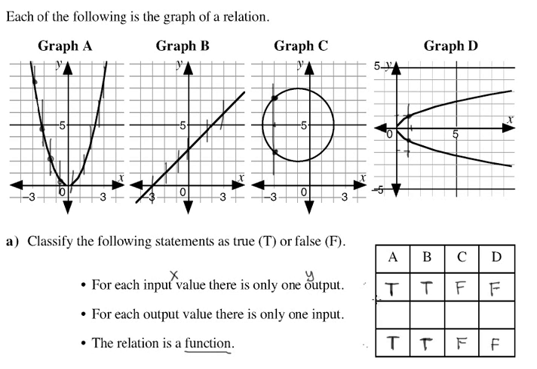Now, this middle thing is an odd question. They say for each output value, is there only one input? That means for every y value, is there only a single x? Well, if we try that out, I'm just picking a y value here as an example. This would be y equals 3.